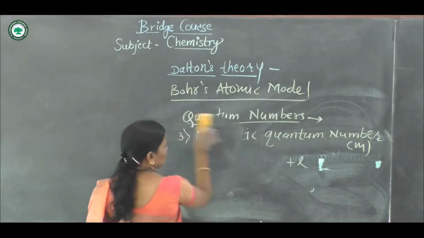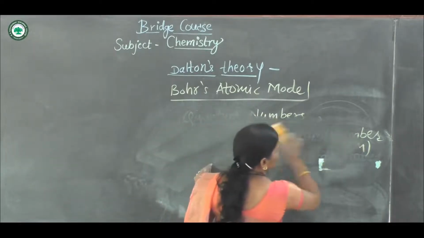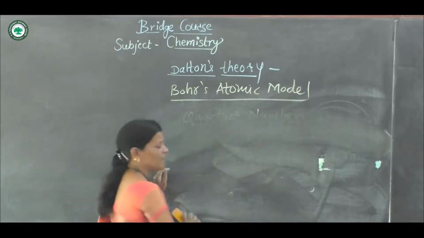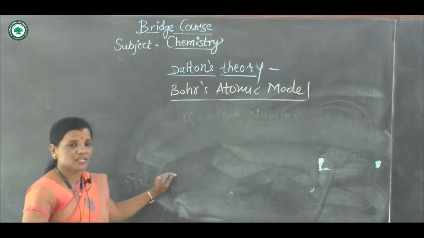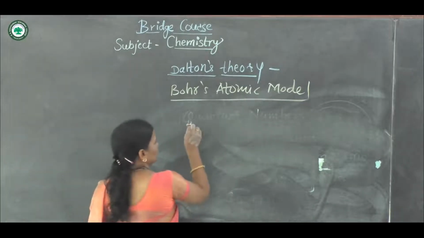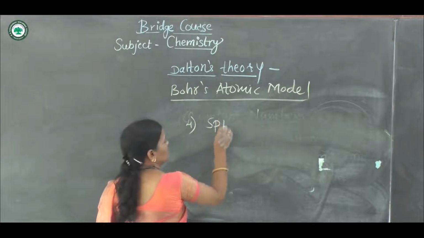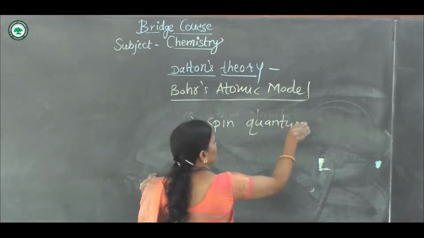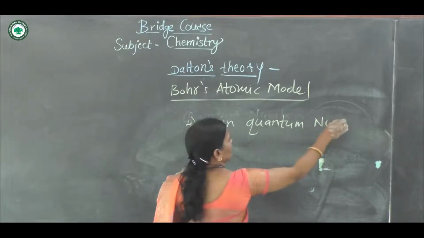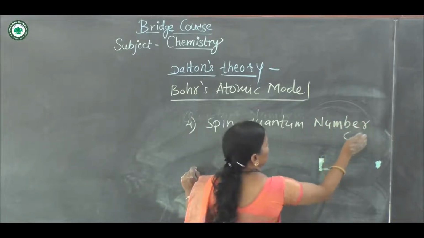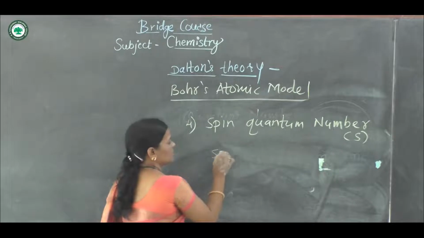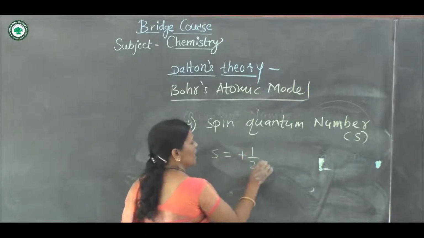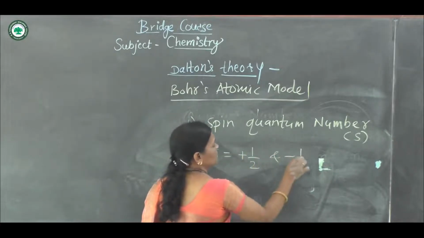And the fourth quantum number is the spin quantum number, which gives an idea about the spin of the electron present in the same orbital. This number is denoted by small letter s, and s has the values plus 1/2 and minus 1/2.